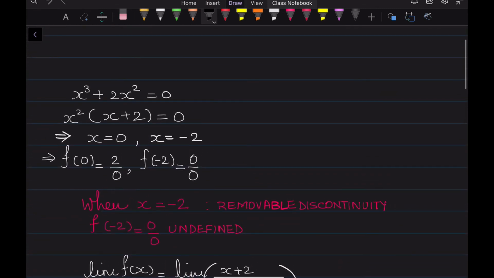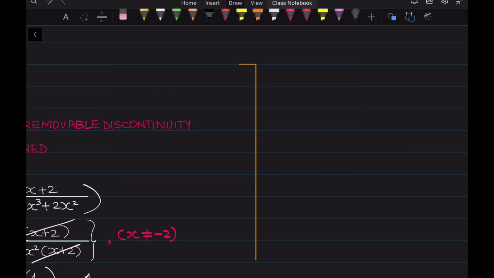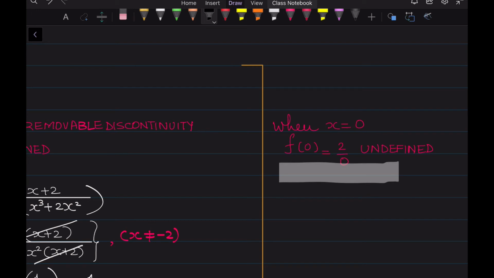Now the only point that remains to discuss is x is equal to 0. So when x is equal to 0, we just saw that f of 0 is 2 over 0, which is not defined. Again, this alone will not tell us the type of discontinuity this function has at x is equal to 0.